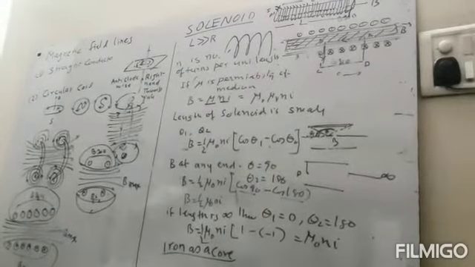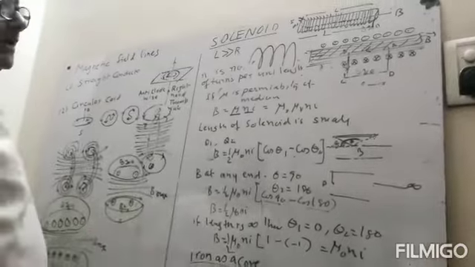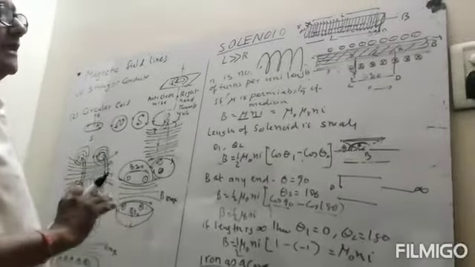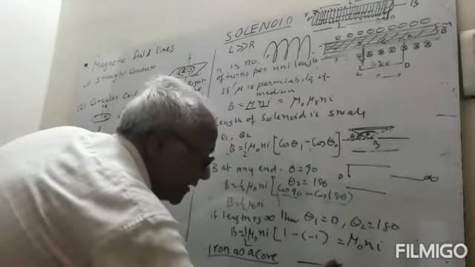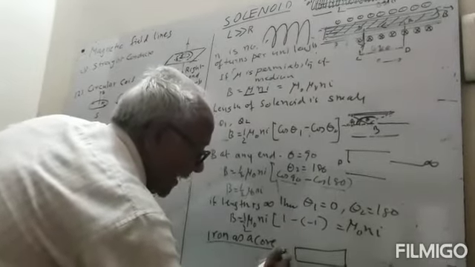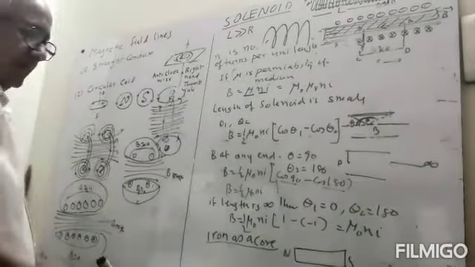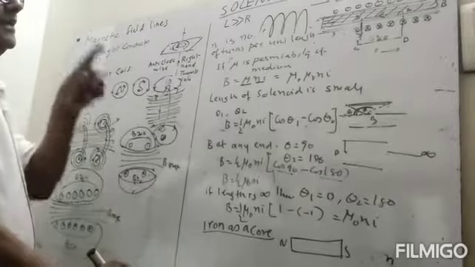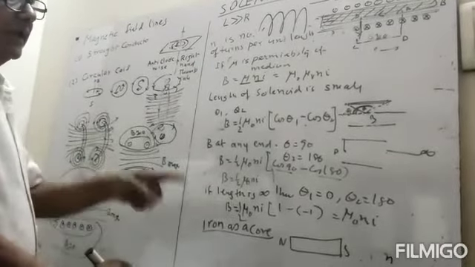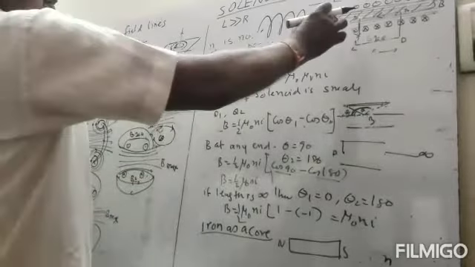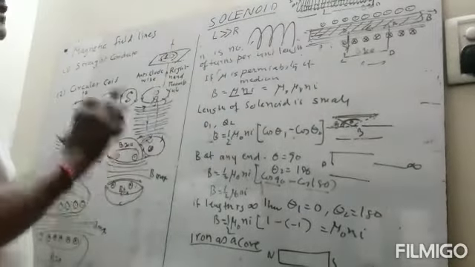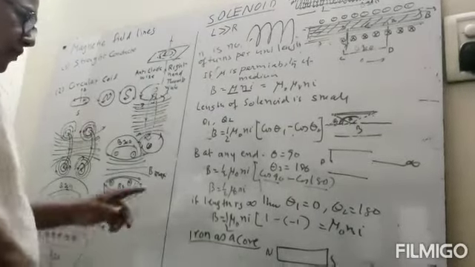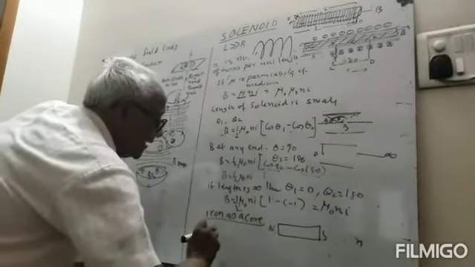Now we know that iron is a ferromagnetic substance, so the magnetic field will be very large, and in this case this solenoid will behave like a magnet, with N and S poles. The magnetic field will be very large because the permeability of iron is very large, so it will work as an electromagnet.